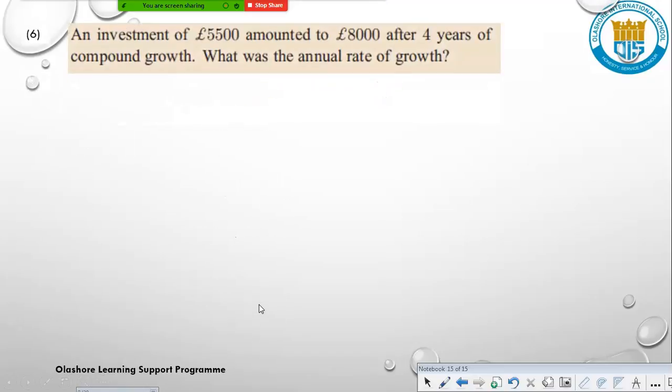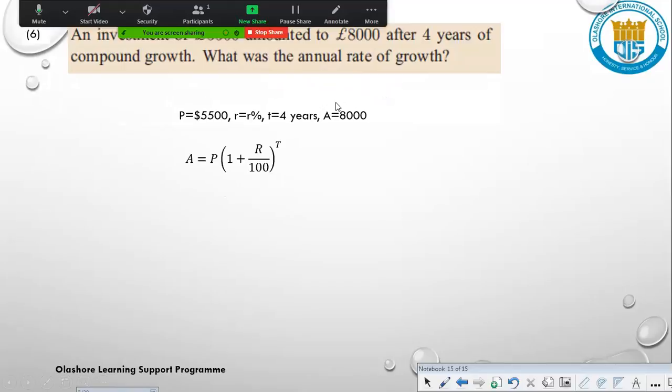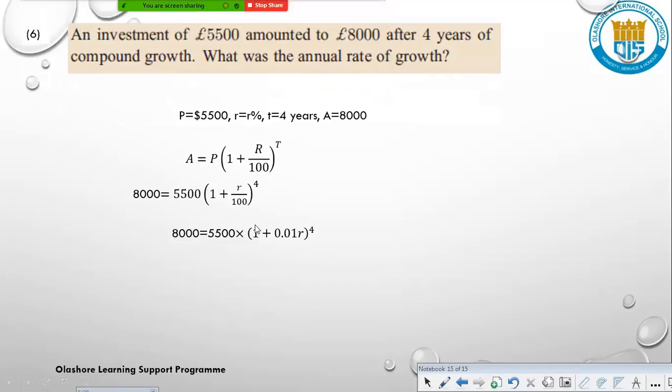So let's continue. An investment of 5,500 amounted to 8,000 after 4 years of compound growth. What is the annual rate of growth? We're looking for R. So this is our P, this is our A, and our T is 4 years. Divide through by 5,500.